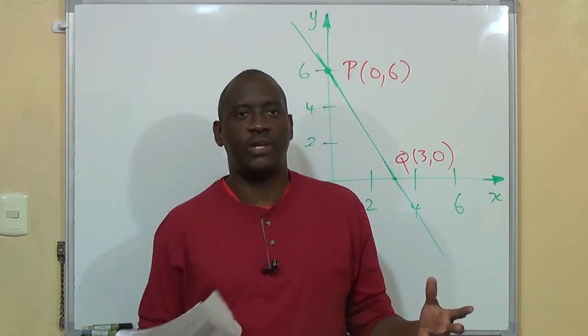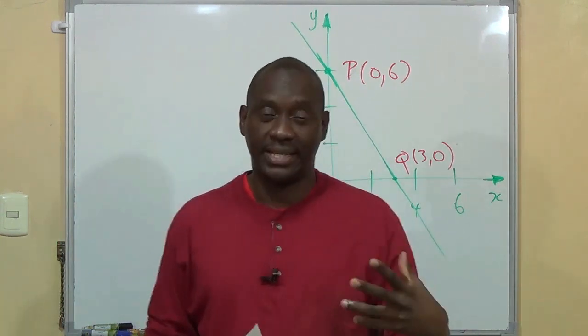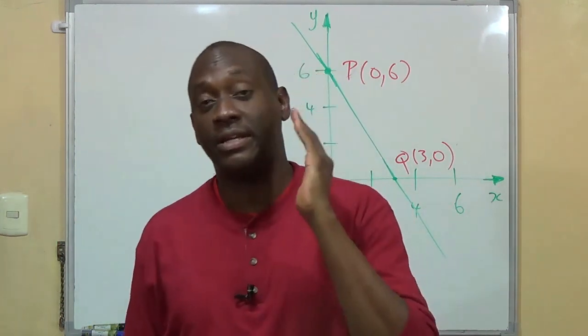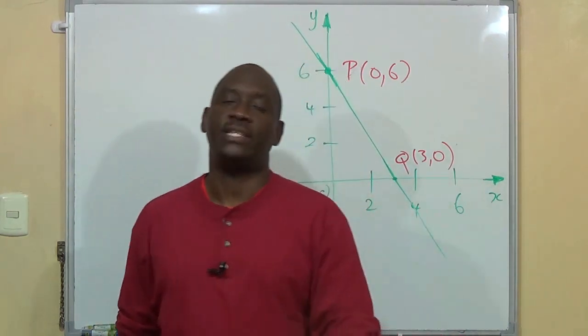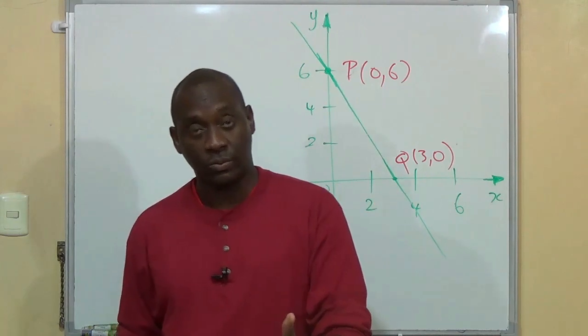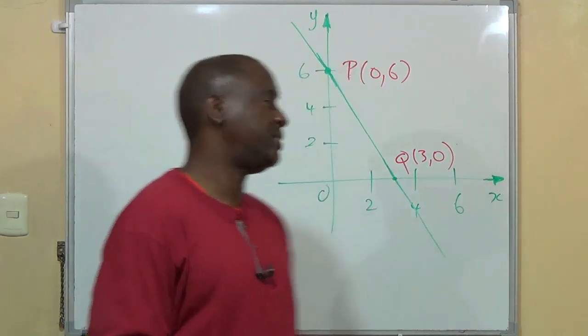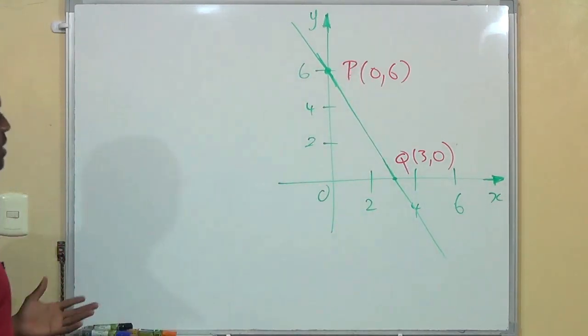because maybe you don't really have a picture in your head of the difference between a gradient of -2 and a gradient of -1/2, or the difference between a gradient of 2 and a gradient of 1/2. So guess what? You resort to your calculations.